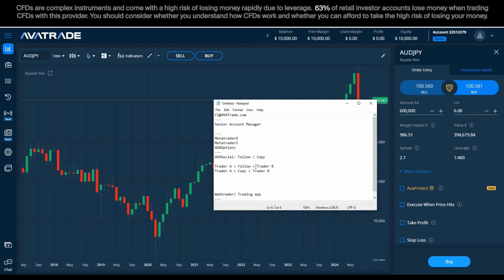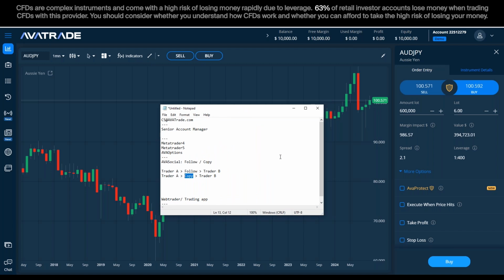Copy, on the other hand, actually launches the position automatically. If I'm following a trader, I'm going to get messages and it's up to me to do it or not. Copy means that I'm going to do exactly what the trader I'm copying does.